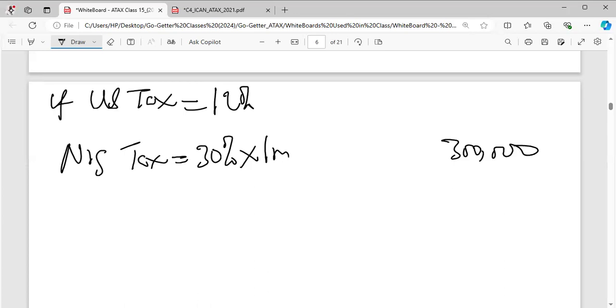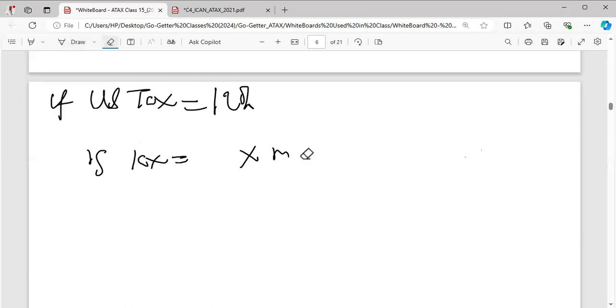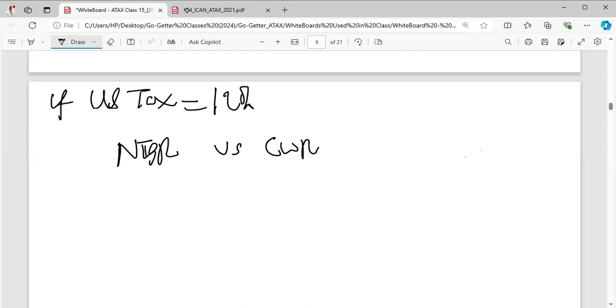Okay, sorry, we should have done our comparison first to see the DTA that will be used. So the first thing to do is Nigerian tax rate, NTR, versus CWR. This is our DT rate.